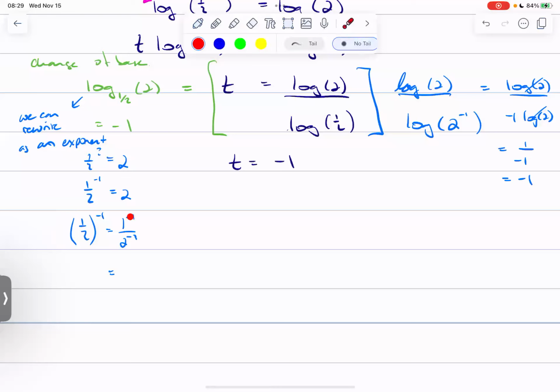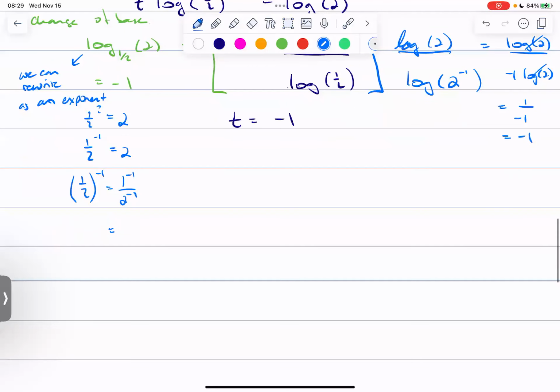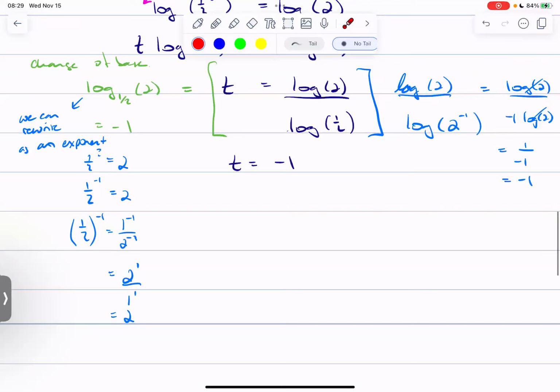One to the -1 is just 1, right? And 2 to the -1 moves upstairs, so then I have 2 to the power of 1 over 1 to the power of 1, which is 2. And so you can confirm that it should be -1 many, many different ways.